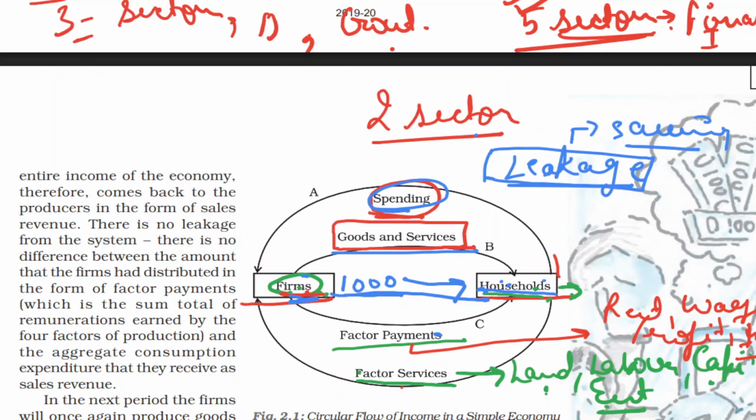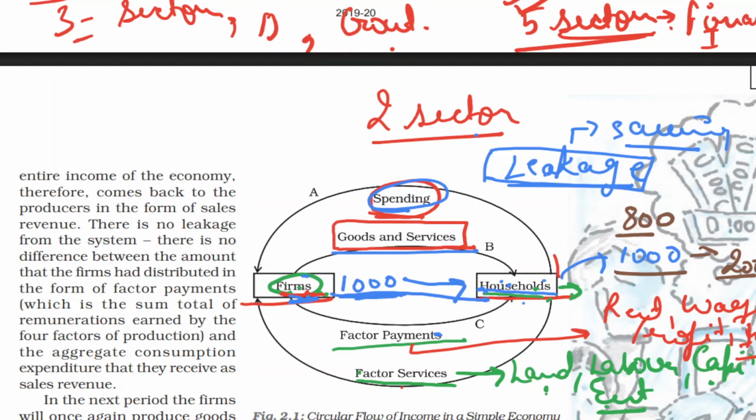Why? Suppose the firm has 1,000 rupees as income, and they provided you the factor payment of 1,000 rupees. Now as the household, to maintain the budget, you only spent 800 rupees and you saved 200 rupees for your future, for some emergency.